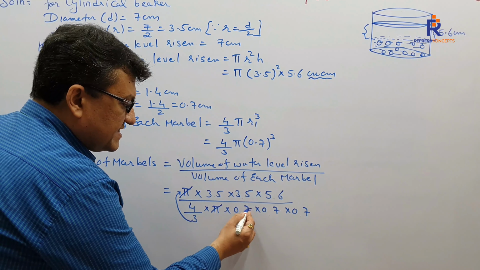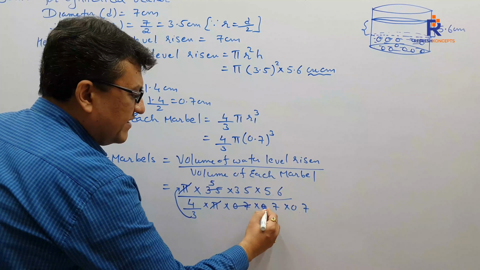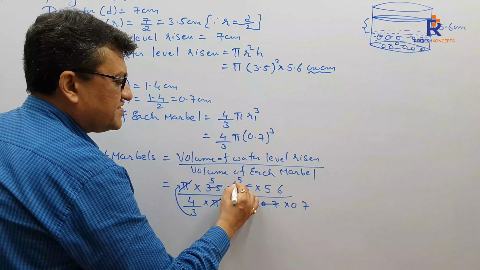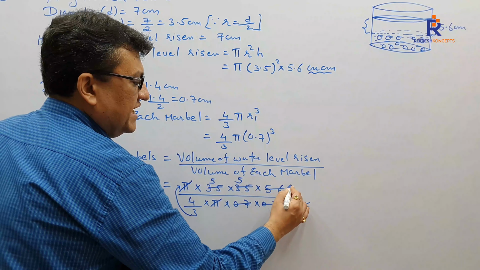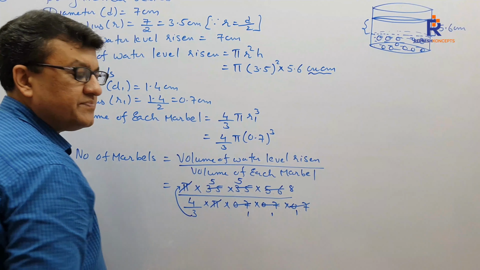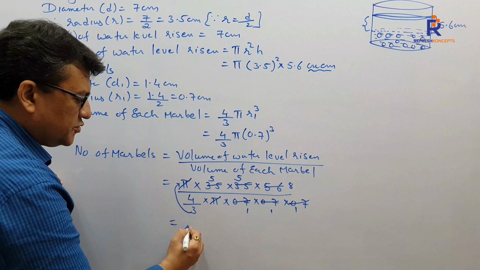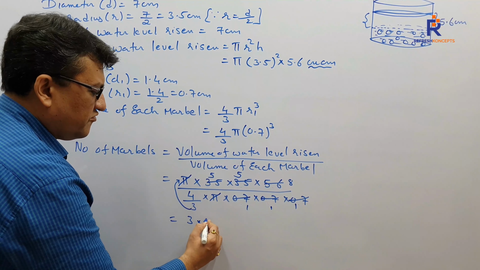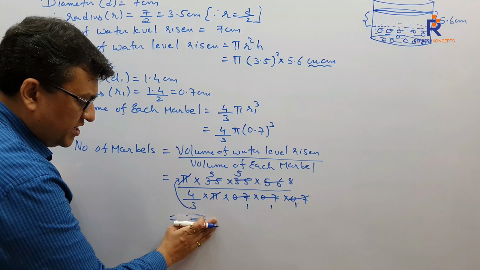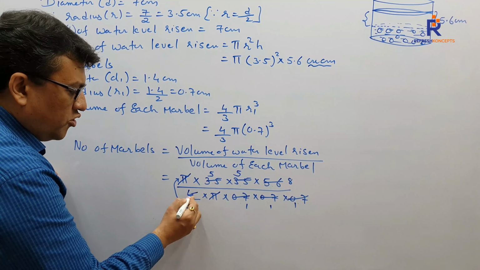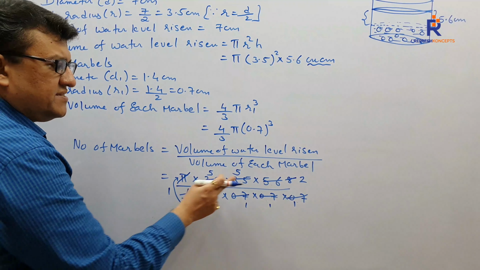7 ones are 7, 7 fives are 35, 7 ones are 7, 7 eights are 56. This 3 shall go up. I am left with 3 into 5 into, I'm sorry, there is 4 left, still 4 left. 4 ones are 4, 4 twos are 8.